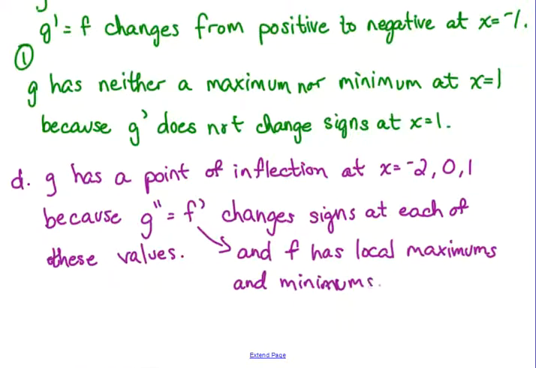There we go. If I can spell minimums here. Okay. So instead of just leaving it at that, I went from the perspective of F has local maxes and mins as opposed to just where F prime changes from increasing to decreasing. So there are several different ways you could explain that one. But you get 1 point for your answer, for your values there, and then 1 point for your explanation.